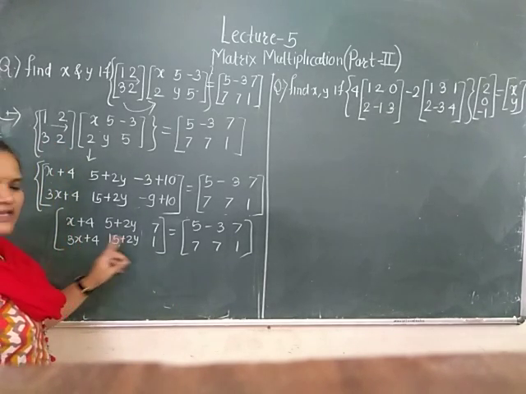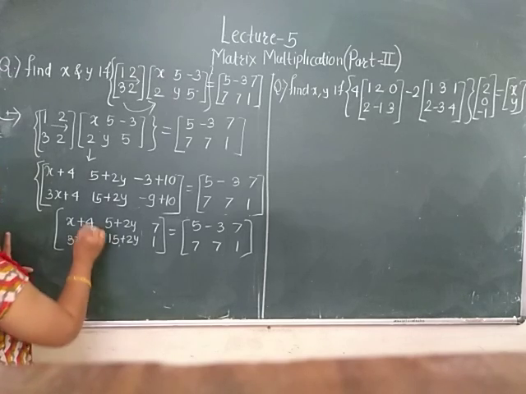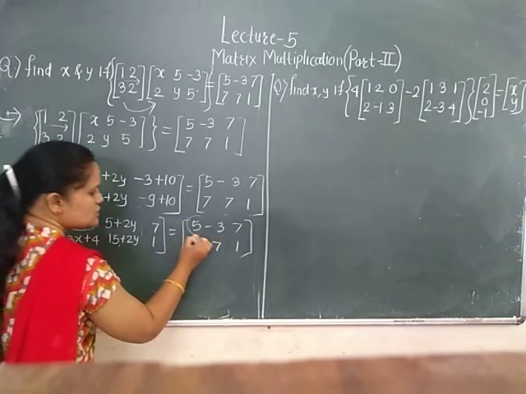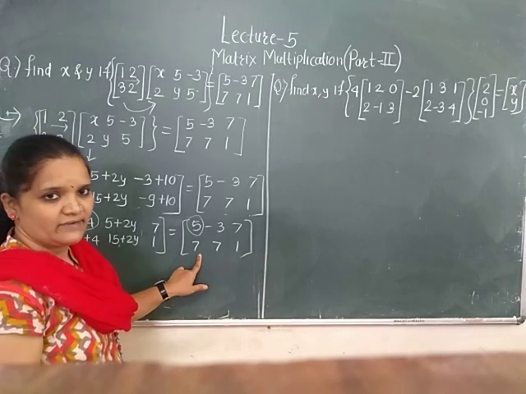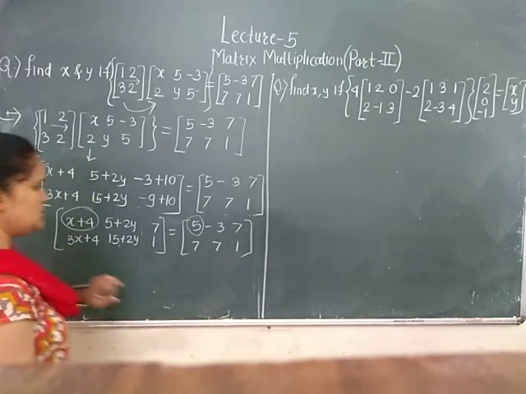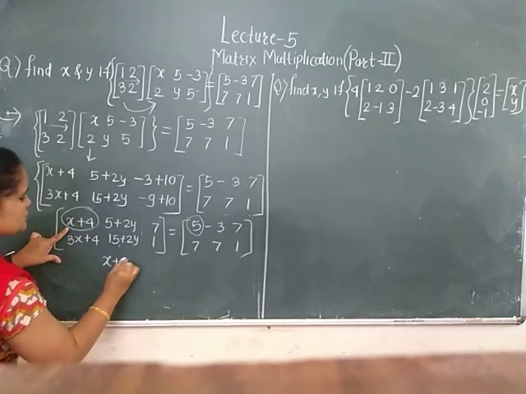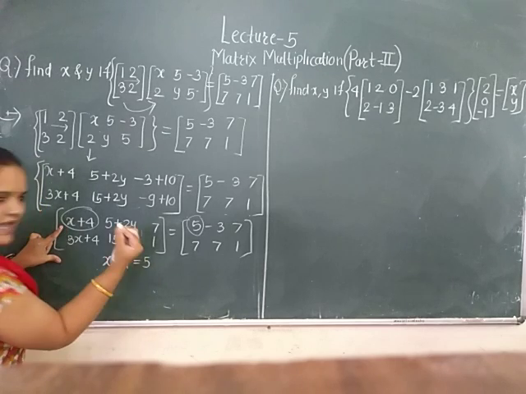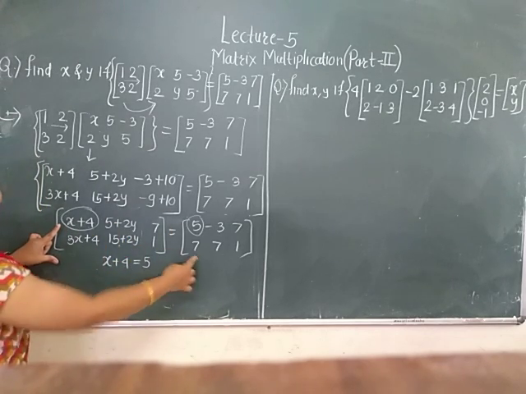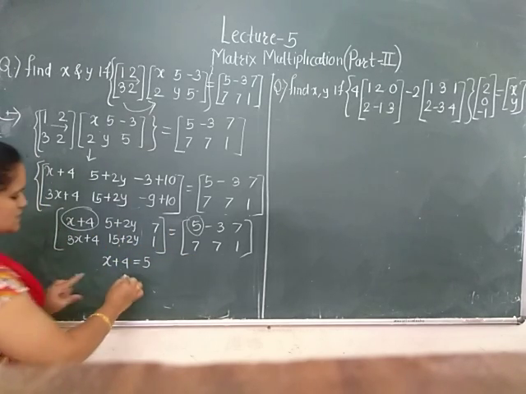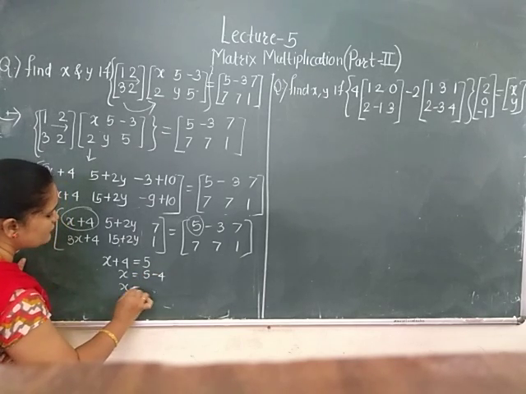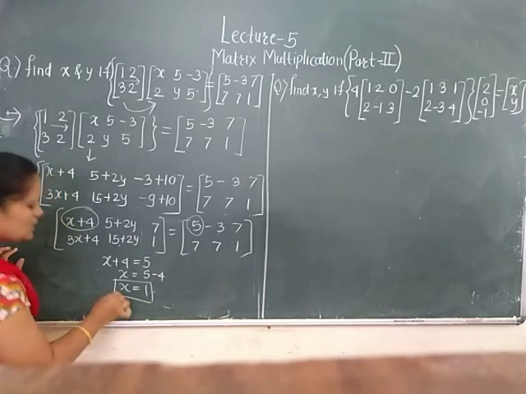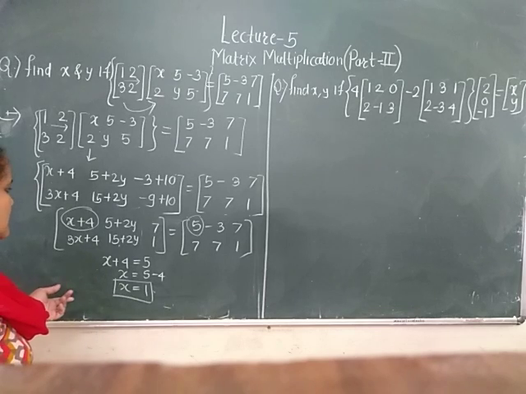Either of the equations you can use, either x plus 4 is equal to 5 or 3x plus 4 is equal to 7. It will give you the same answer. So x plus 4 is equal to 5, because the two matrices are equal, so it is 5 minus 4 and x is equal to 1. I got the value of x here.